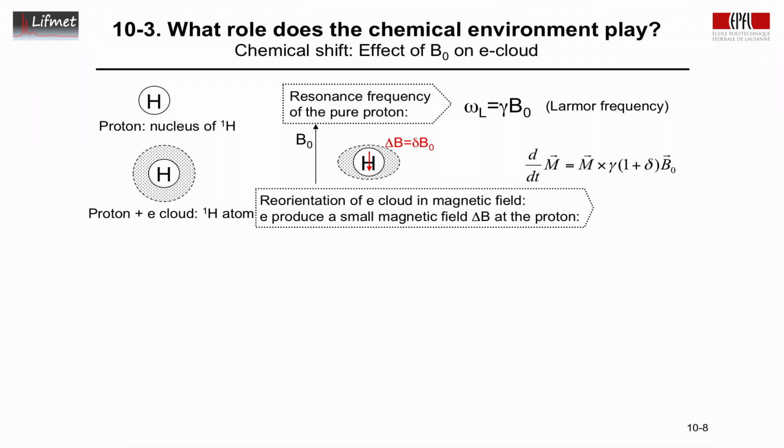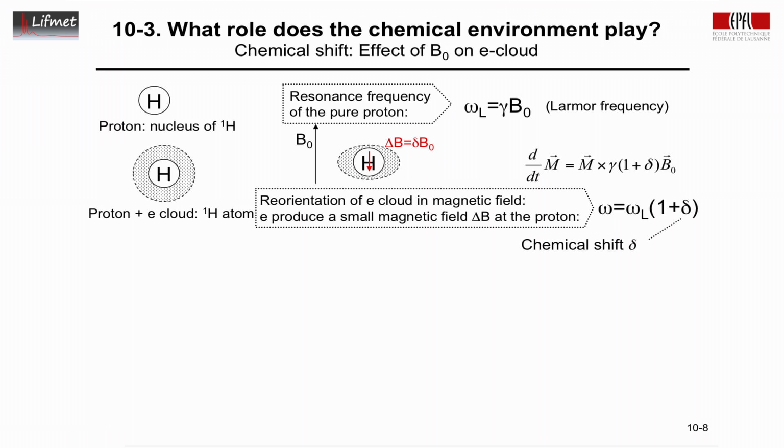That is the equation of motion that describes the behavior of the magnetization. And as a consequence, the Larmor frequency is now changed, and it is given by the Larmor frequency times 1 plus delta. And this delta is called the chemical shift of the Larmor frequency.